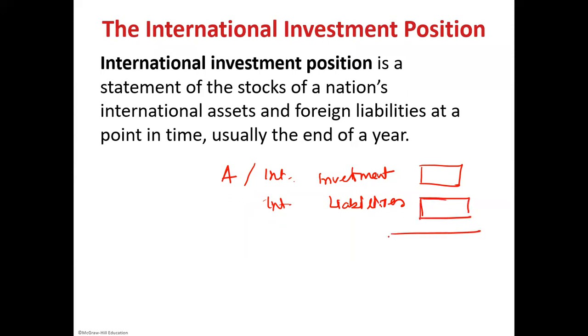So this picture is available from this statement, the international investment position. And from here, you should see the position of a country in terms of its international investment position. If this balance is positive, should you conclude that a country is a net creditor or a net debtor? Which option will you pick if the balance is positive?